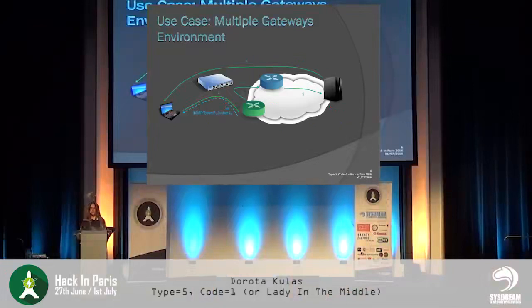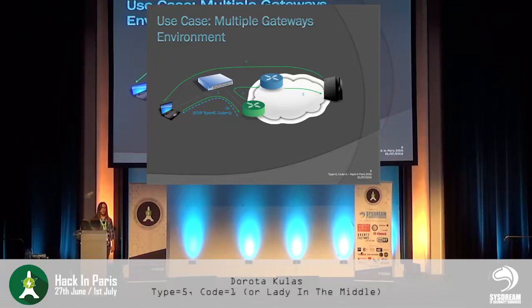And do you know what Type 5 Code 1 is? This ICMP message is just the ICMP redirect, and it was useful maybe in the 80s or early 90s, when we were all worried about our network speed, and we used modems, and the speed was really a bottleneck.